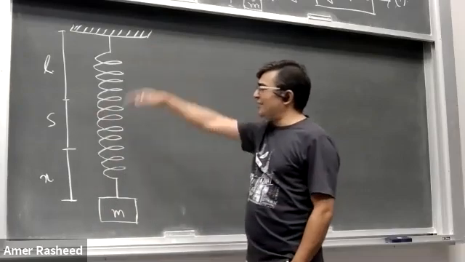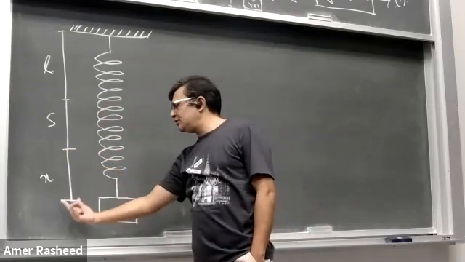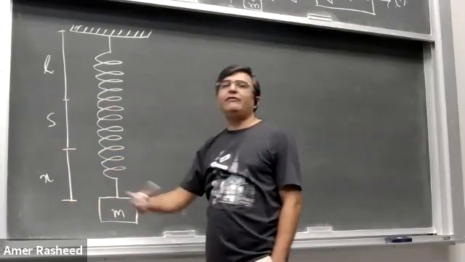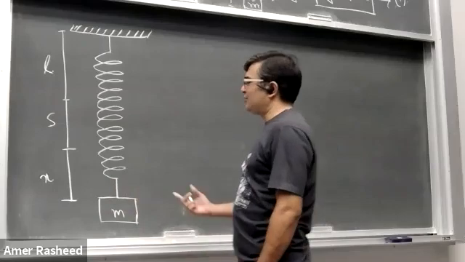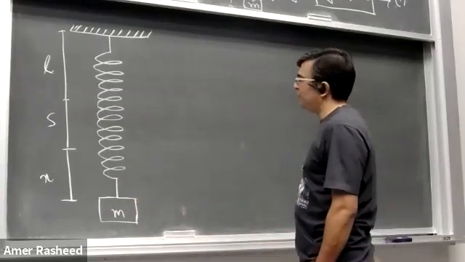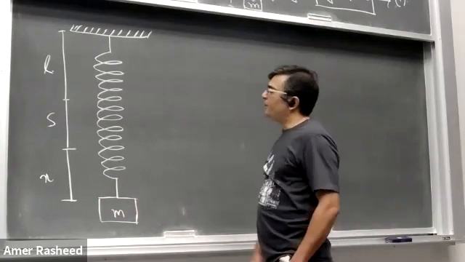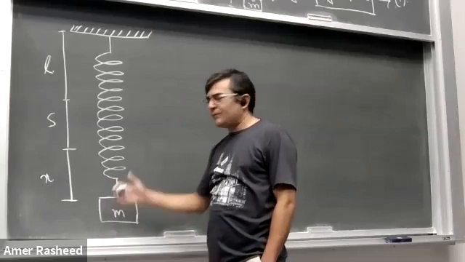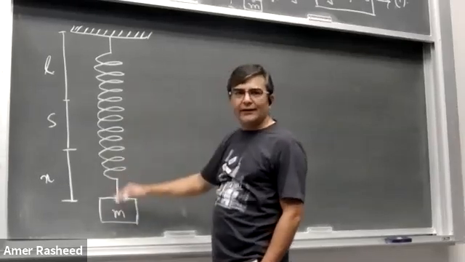Now there is a stretch. We stretch this object down further X units, and then we leave it from rest or with a certain upward or downward velocity. So if we release it from here, it will start oscillating.